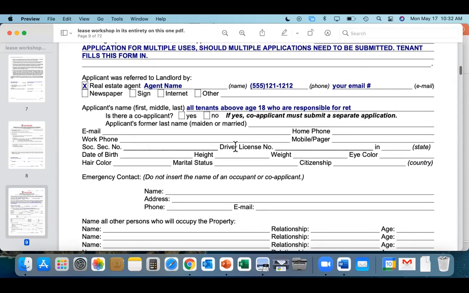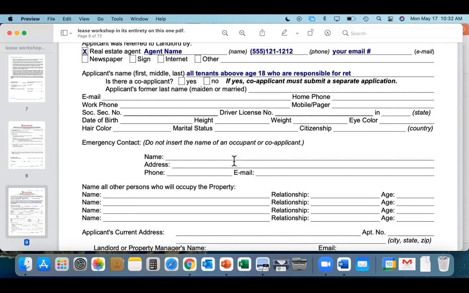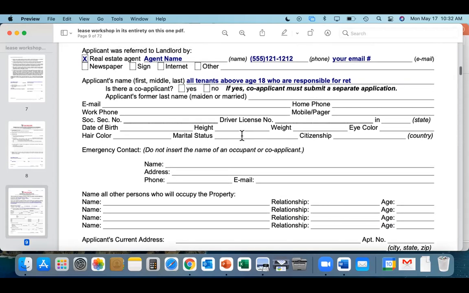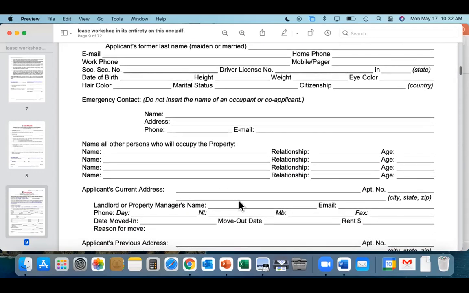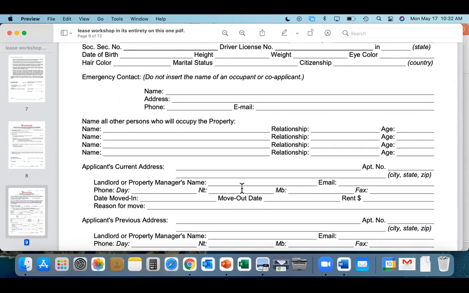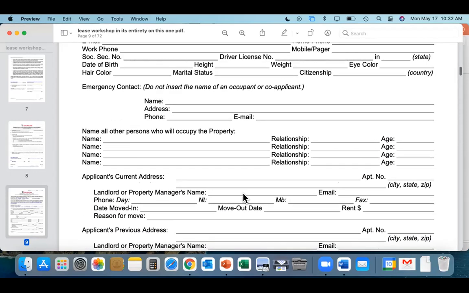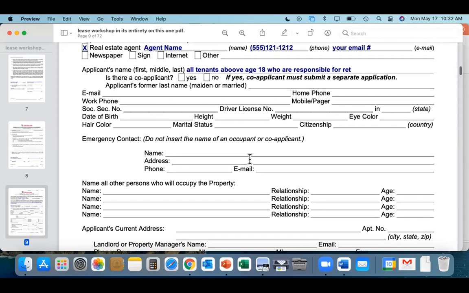And so this is all information for them to fill out, not for you. But they're going to fill out a lot of details, their social security number, their driver's license number, date of birth, weight, height, all of those things. If they go on to Smart Move later on in the process, they'll have to be putting that information in.